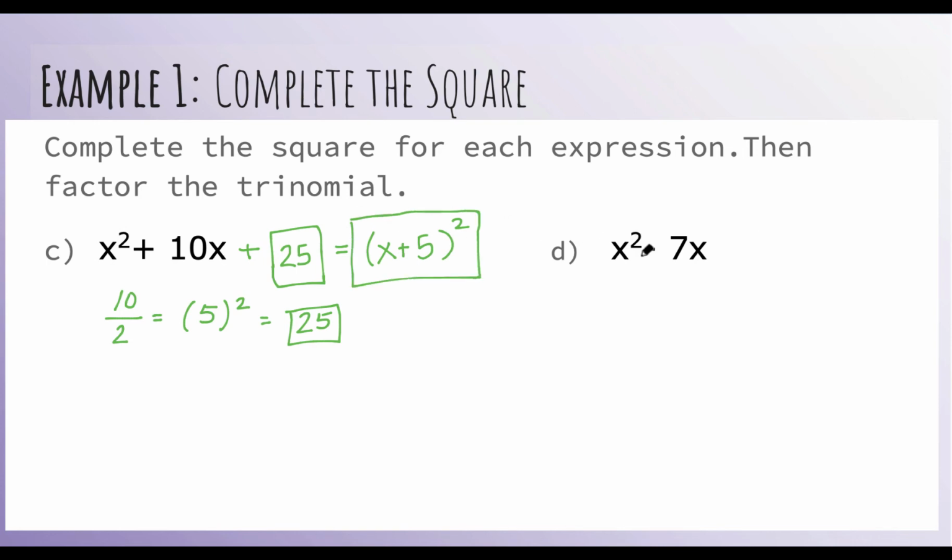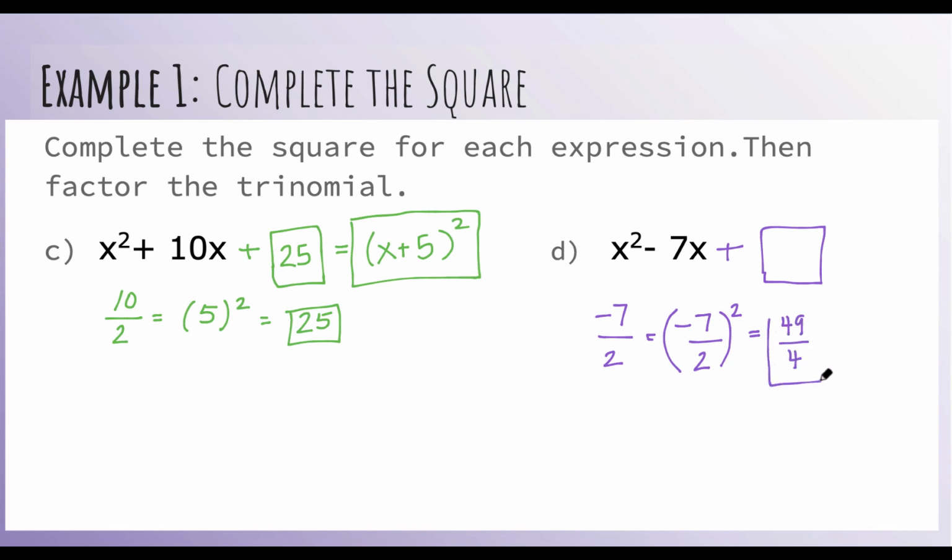Okay, and then we have x squared minus 7x. Let's complete the square. So we add our box. We're going to take negative 7 as our b value divided by 2. We said if it's a fraction, you are leaving it as a fraction on your homework. Do not change it to a decimal. Leave it as a fraction. And then we're squaring this. So we end up with 49 over 4.